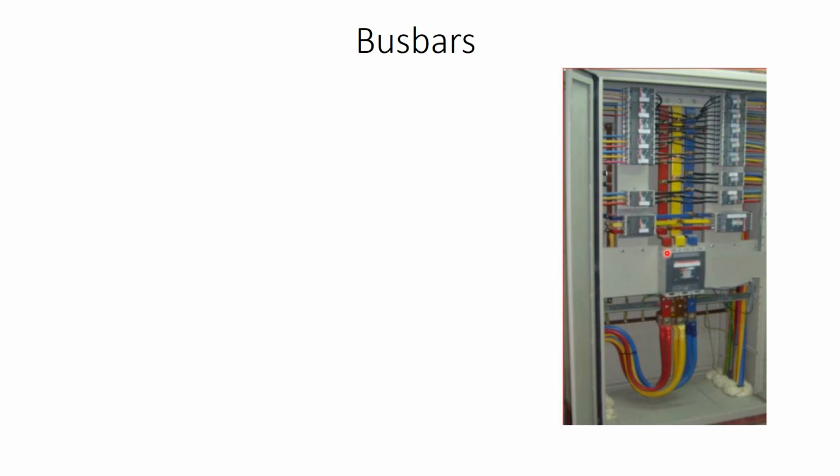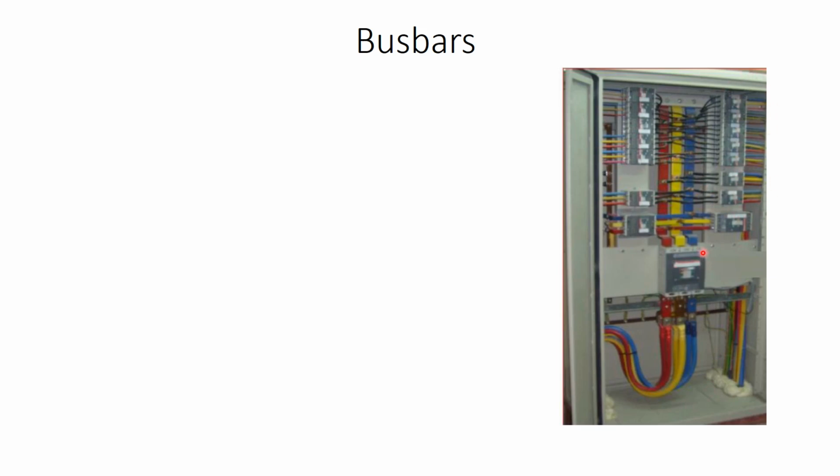As you can see, the incoming 3 phase cables are going to the circuit breaker, and then there are outgoing busbars. These 3 busbars are a connection between the incoming power and the distribution of electrical power.